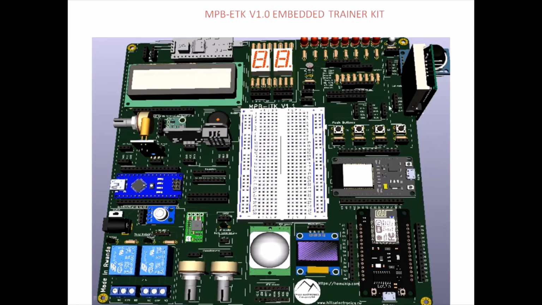Those are push buttons, and it is compatible with many sensors and modules. This is the touch sensor here, and this is a temperature sensor, and it is compatible with many others. And here you have a nice breadboard where you can make your own circuits or extend the connections of this breadboard.